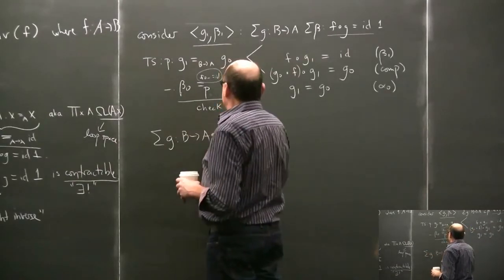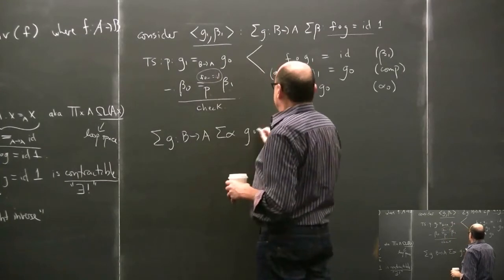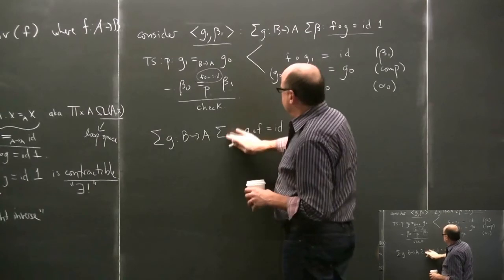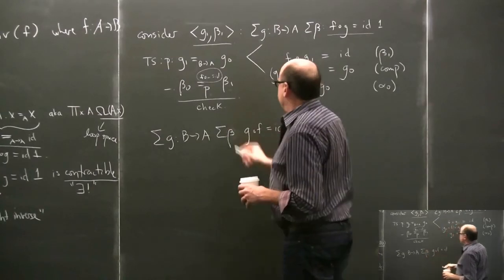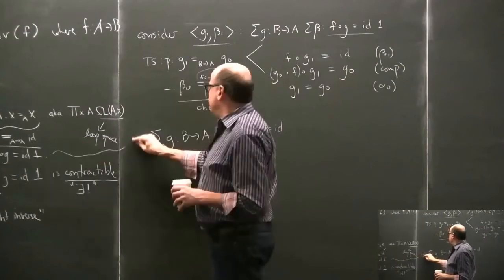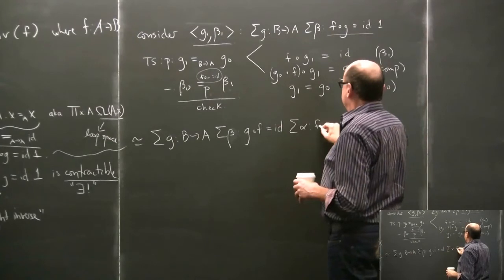This is the type of quasi-inverses. Alpha, I'm writing it again because I want to do it pictorially. And in fact, let me swap the order. The type of quasi-inverses is equivalent to this thing, with the order swapped because it's convenient.